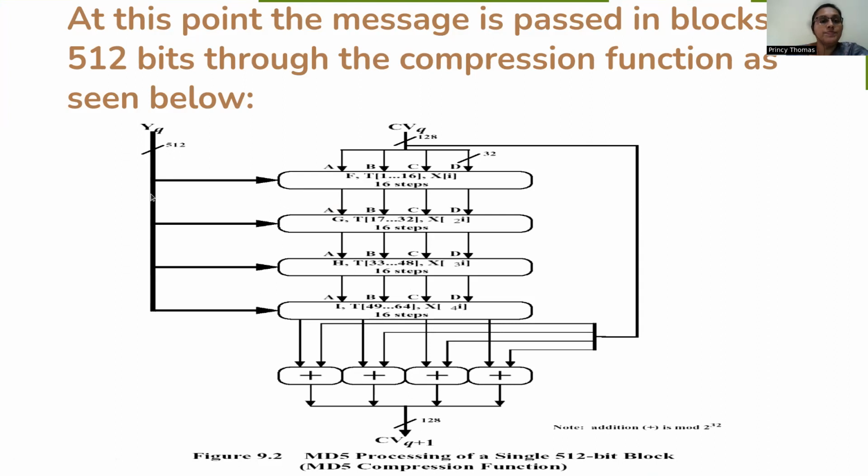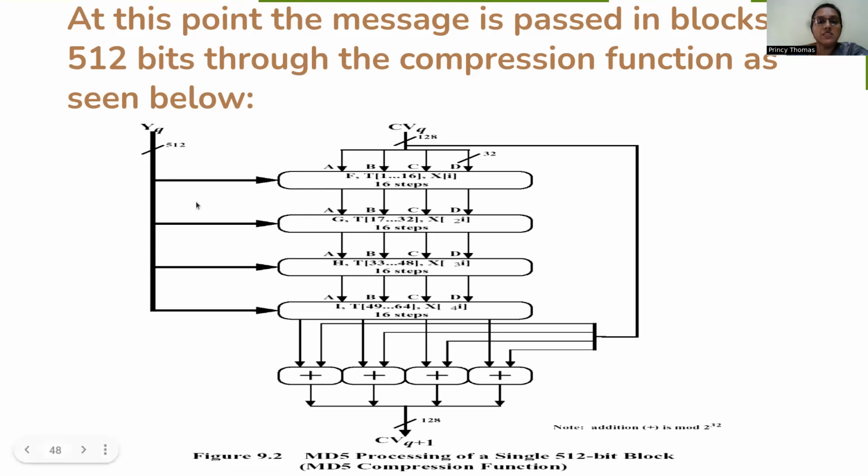Let's look at that. First of all, we saw already that there are 4 rounds in the MD5 algorithm. So these are rounds 1, 2, 3, and 4. To each of these 4 rounds, the 512-bit input is given.